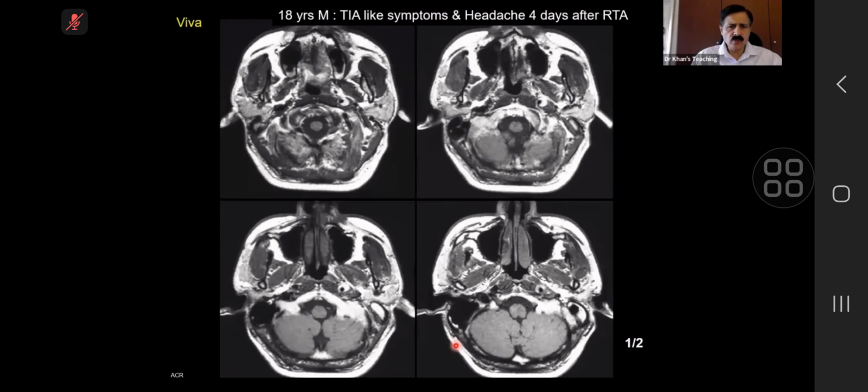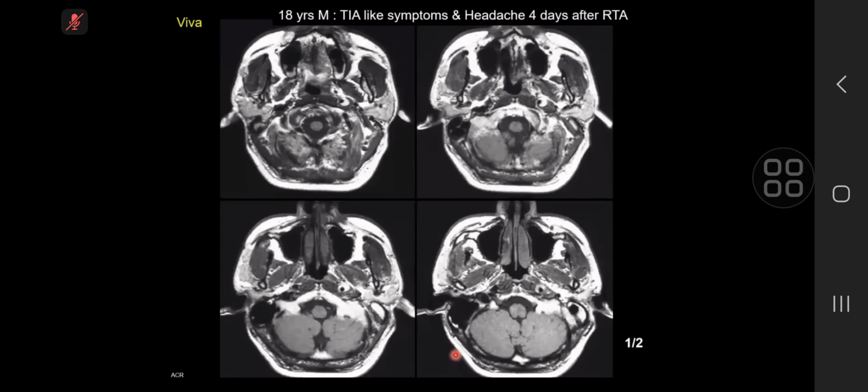Okay, candidate two, TIA 4 days after RTA, 18-year-old male. Over to you. I've been presented with selected exercises of MRI brain. I can see on the left side there's a concentric shape hyperintense signal within the left.